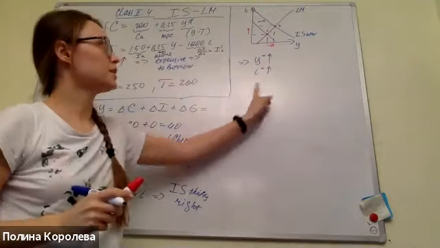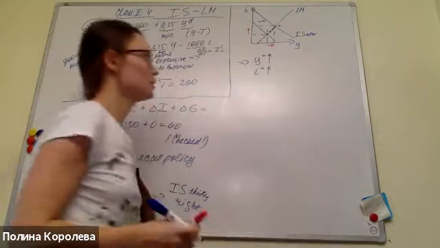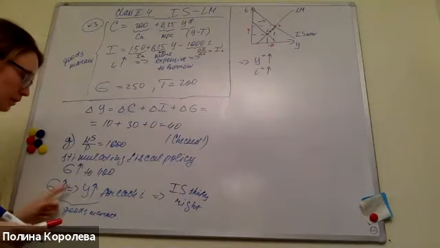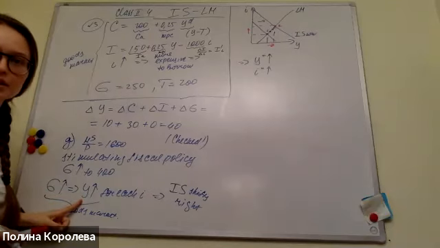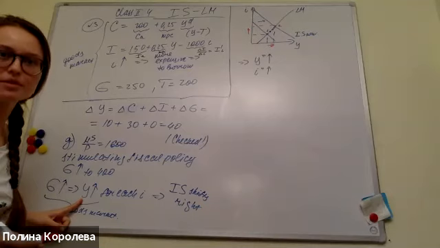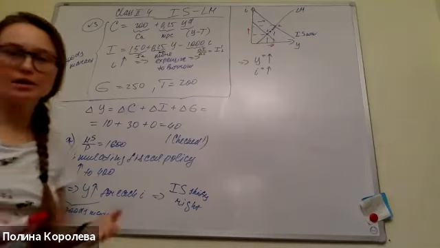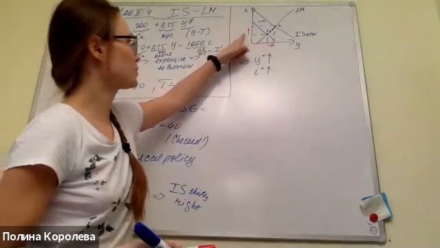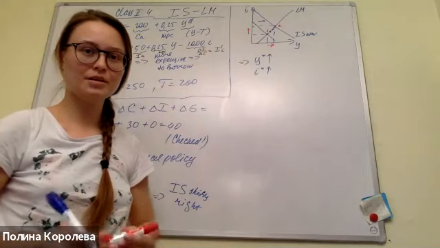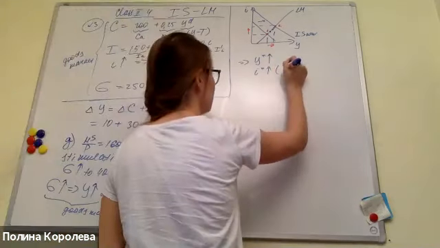And why does the interest rate increase? Why do we move along the LM curve? Because if in the goods market we have a higher aggregate output, we need more money for transactions. That means that money demand increases and the price for money increases. The equilibrium interest rate will increase. Okay, let's explain.